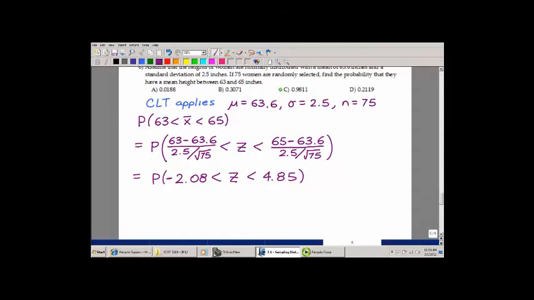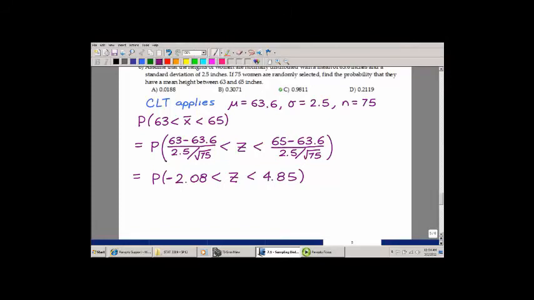Now, this is mentioned in one of my sections on the normal distribution notes that if your value's off the chart, either high or low, it's not going to be real critical. You could use 0.9999. You could even use 1 for that 4.85 if you wanted to, or 0.9998. You won't find 4.85 on the chart, but that's not going to be a problem.